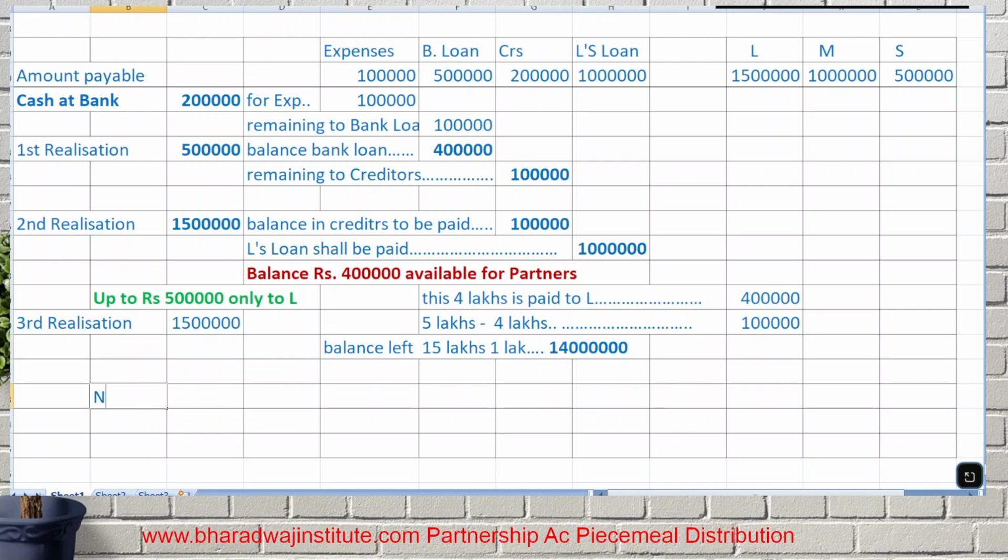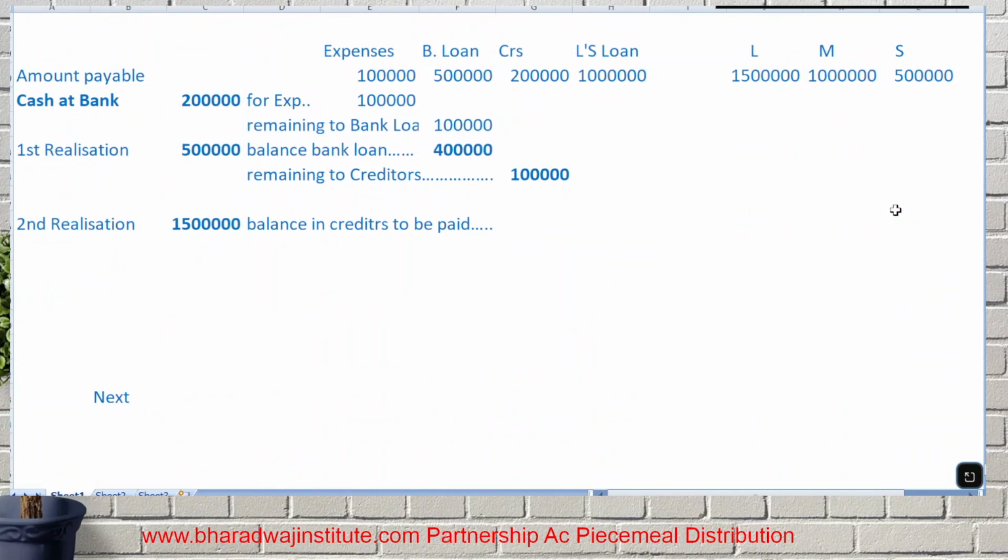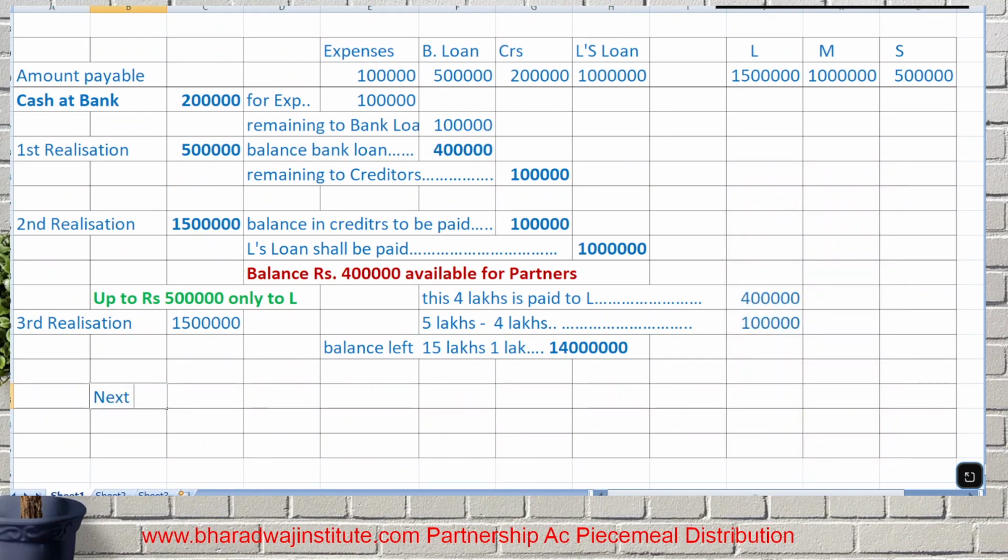Next level distribution. What did we see next in the order of payment? Next 10 lakhs can be paid to L and M in which ratio? 1:1 ratio. In the 14 lakhs, take how much? 10 lakhs.